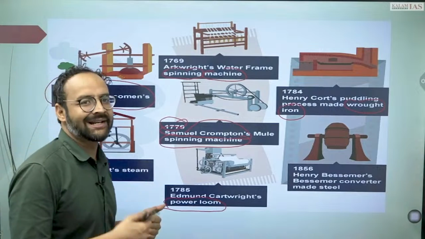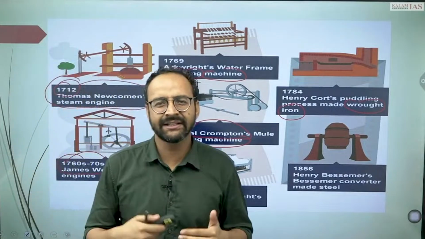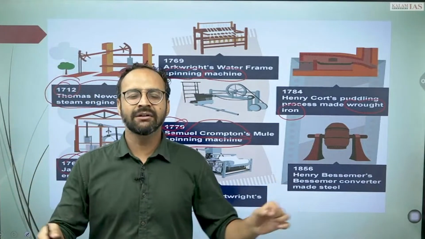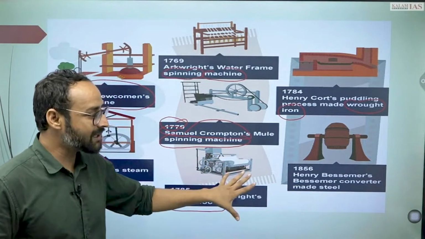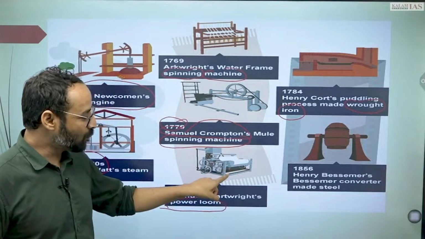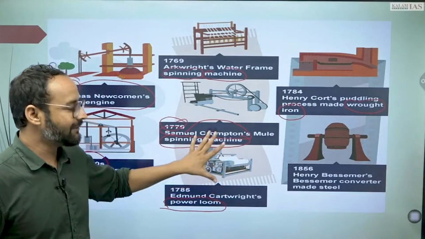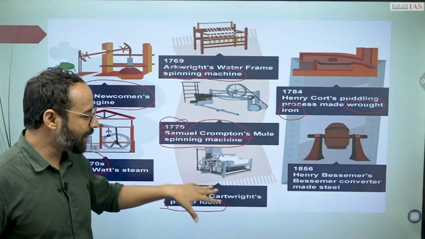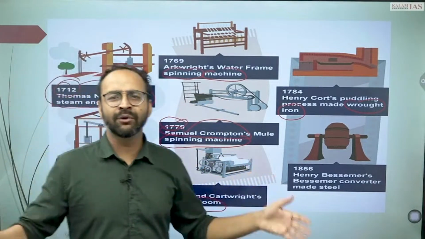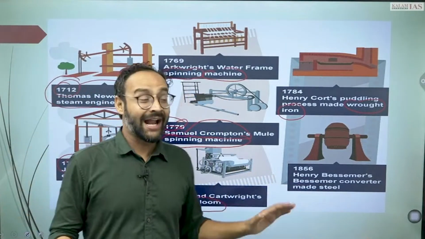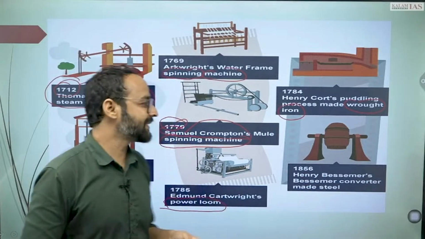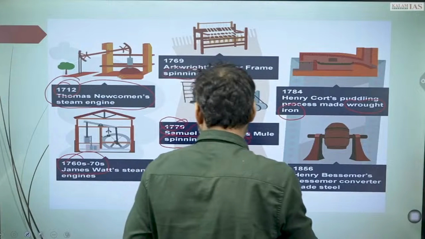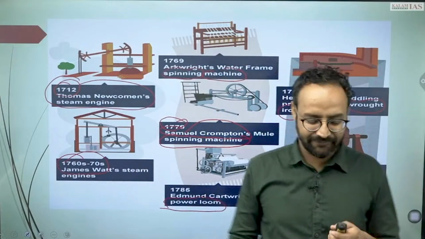Why? Because it scaled the way they were producing. Earlier they were producing for only 5 or 10 people, but now they can produce for 100 people. So if you have 2 people working for this and you have 20 or 30 odd machines like these, you can produce for 3,000 people. And if you have 100, then you can count. It is having a multiplier effect. So these are the kind of inventions which took place.